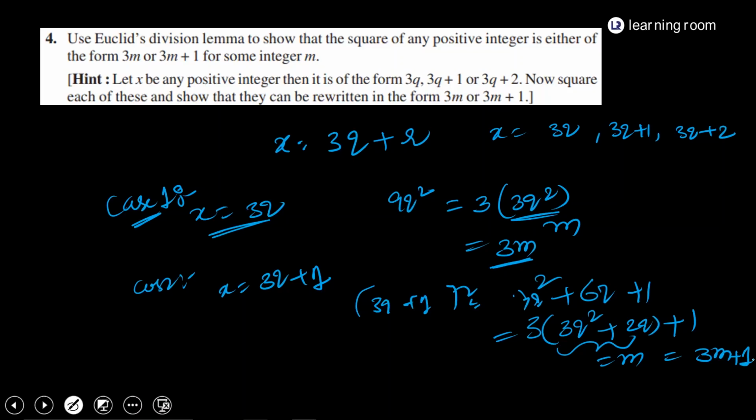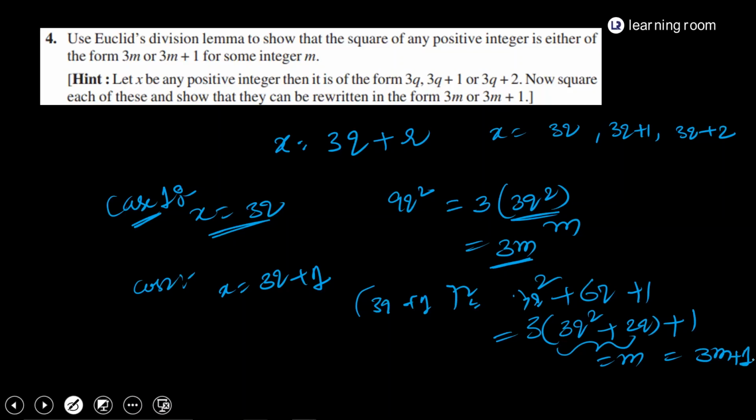Now what we need to do? We need to show it for the square of any positive integer. So we have taken the positive integer, we need to show it for the square of it. So what is the square of 3q? 9q square. So 9q square we can write as 3 into 3q square. We just need to express it in the form of 3m or 3m plus 1, no? So that's why we are splitting it in terms. And then this we can consider m. So it will be in the form of 3m.